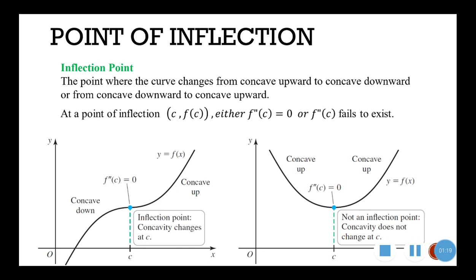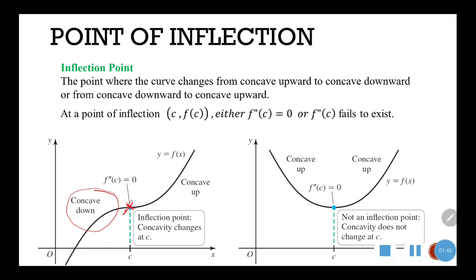An inflection point is the point where the curve changes from concave upward to concave downward or vice versa. Like you see here, it changes from concave down to concave up. This is the inflection point.